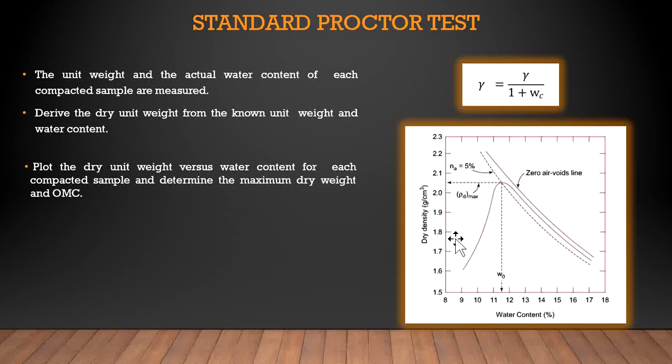Then for coarse grained soils, an initial water content of 4%, and for fine grained soils a value of 10% are considered to be reasonable values, since the optimum value is likely to be more for the latter than for the former. So this is about the standard Proctor test.